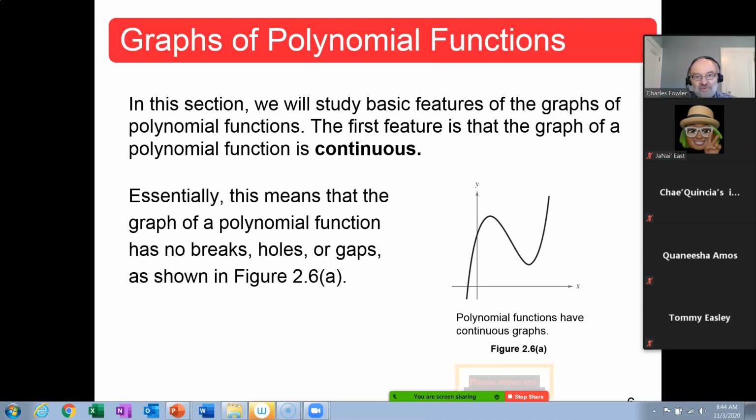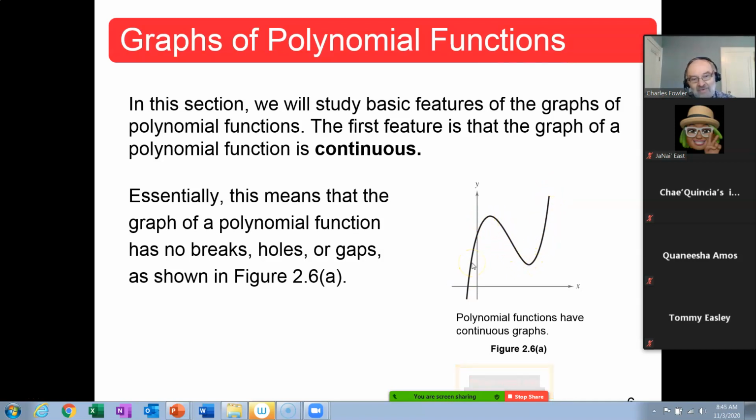The first important feature of polynomial functions: they're always continuous. You never have any breaks or discontinuities in them. This is an example of a function that could easily be a polynomial function.